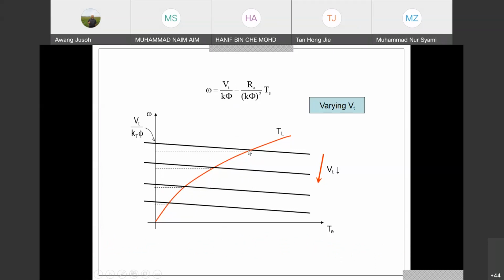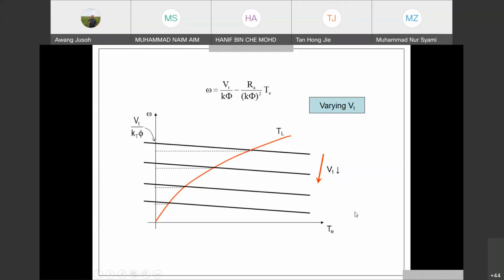Okay, so here we draw the speed versus torque. If you draw torque versus speed, that means you take this torque and put it here, the speed you bring here, then you can see the relationship is almost vertical. This one is horizontal. But if you make it torque versus speed, then you can see the curve will be vertical.